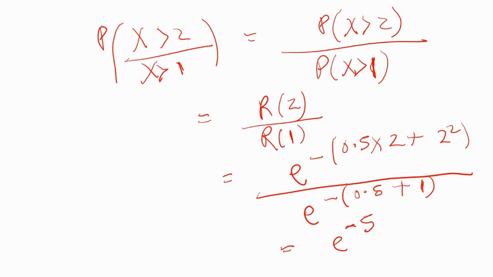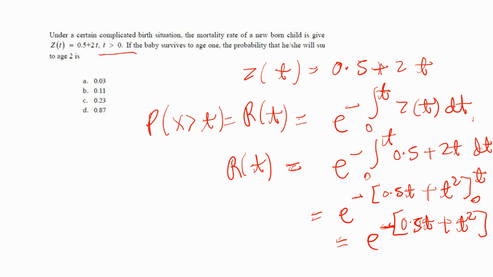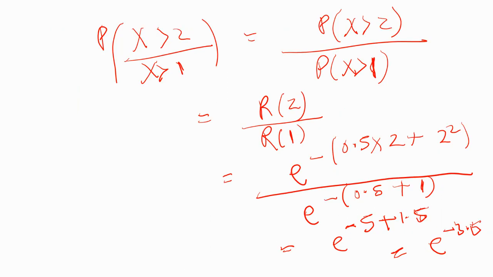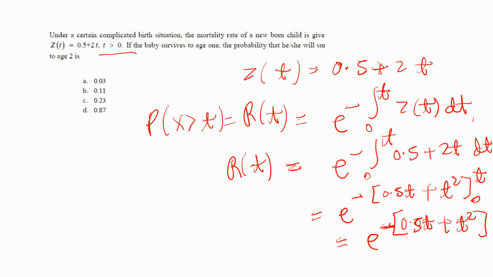Okay, and this is 1.05. So ultimately it will be 3. So e to the power minus 3, you can calculate, is 0.05. So 0.05.